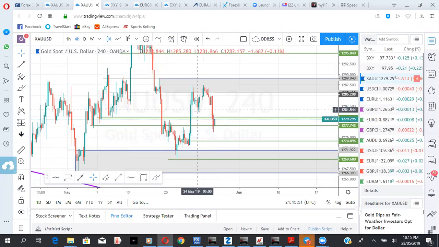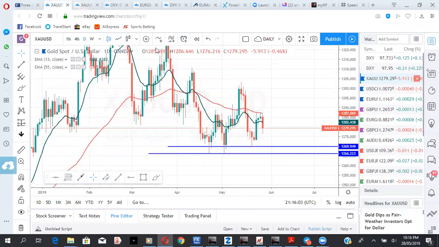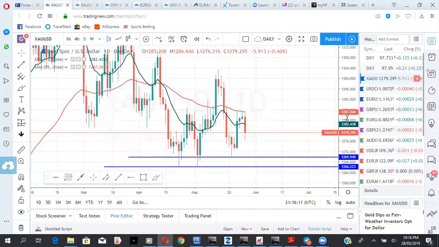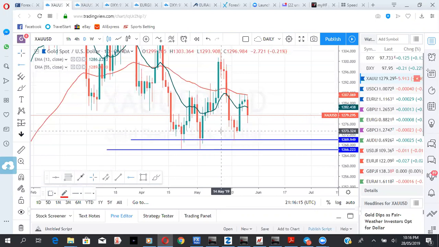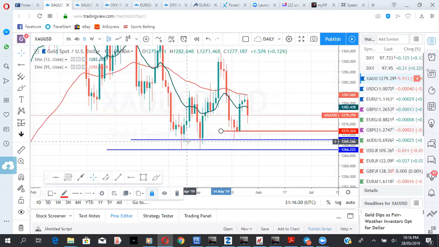So this is where gold currently is for now. A move below 1277 on gold may send it lower. But if we observe, this is a bearish momentum candle. It's an anchor, and the thing with anchors is that the open price of an anchor more often is a support. That comes in at 1273.